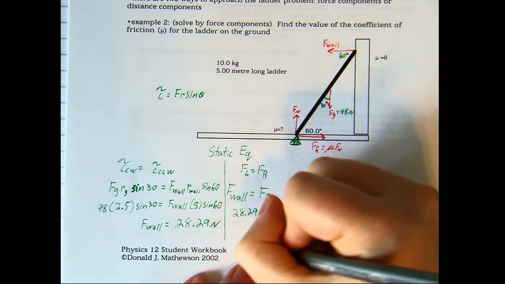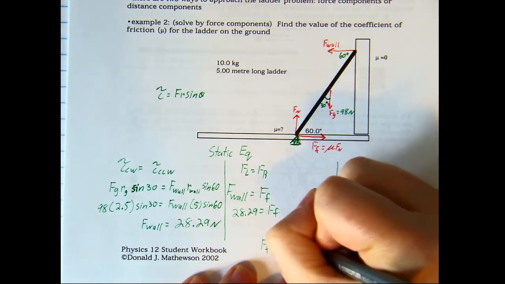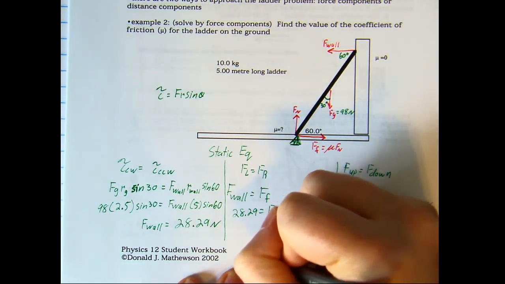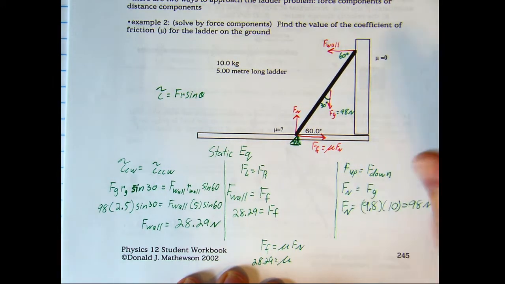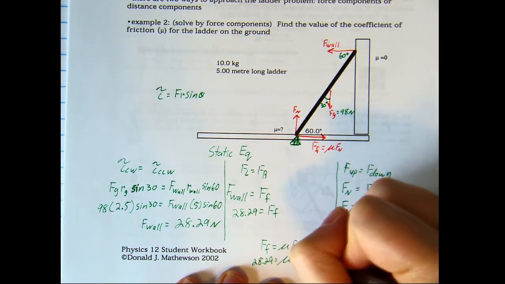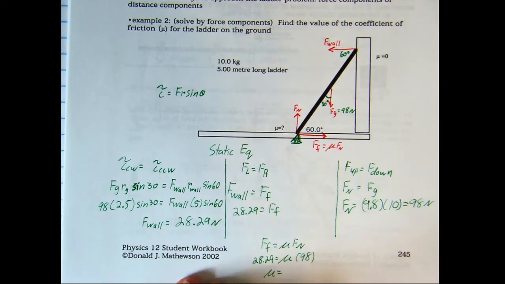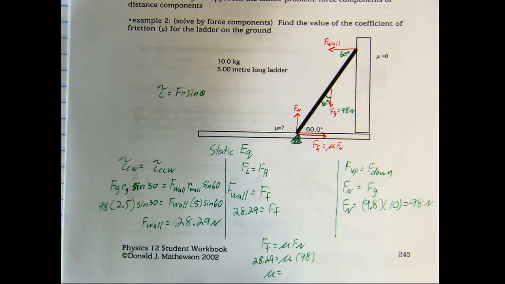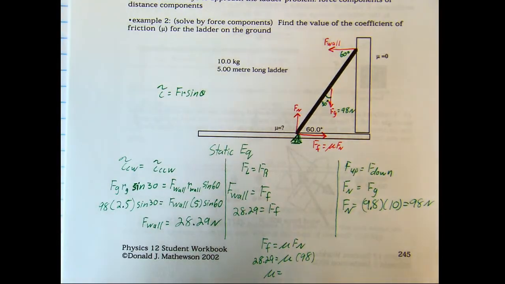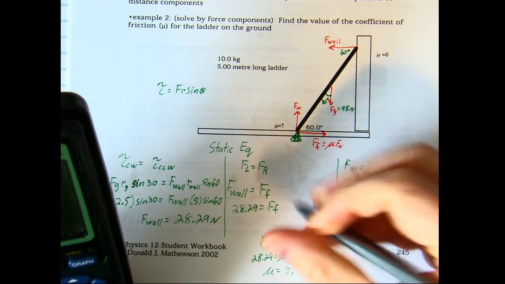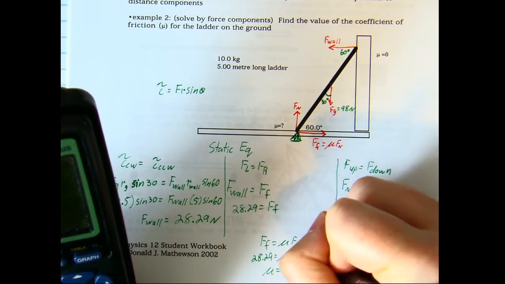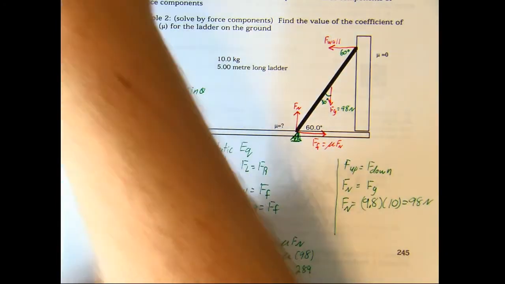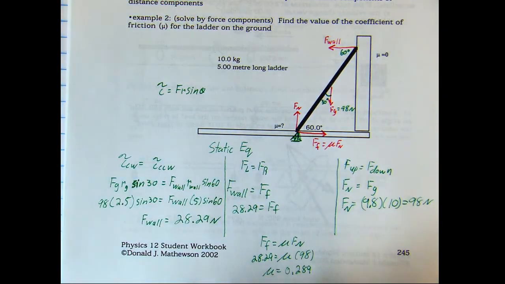So my force of friction equals mu Fn: 28.29 equals mu times 98. So mu is 28.29 divided by 98, which is 0.289 if I round it to 3 decimal places. And there we go. That is the coefficient of friction.